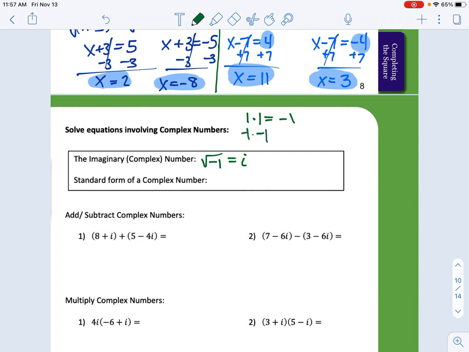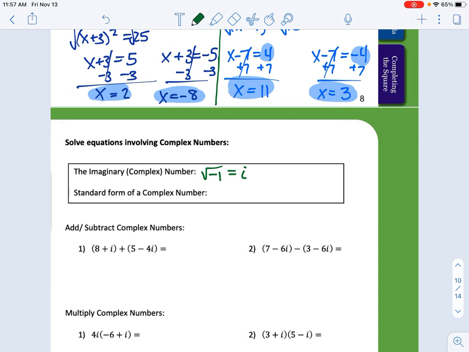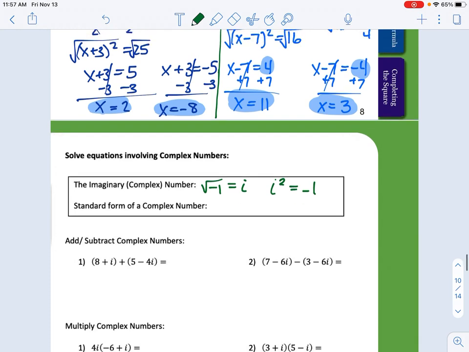The thing is, nothing times itself can equal a negative. 1 times 1 equals positive 1, and -1 times -1 equals positive 1 as well. So the square root of -1 is equal to the imaginary number i. Therefore, i squared is equal to -1 if we just work backwards.